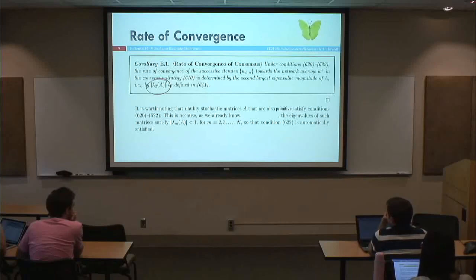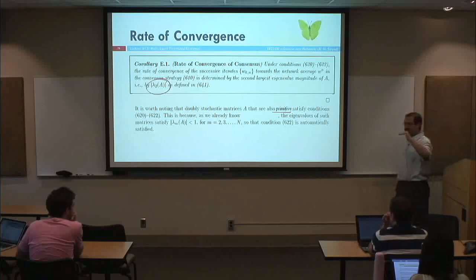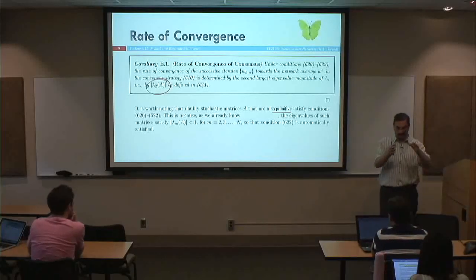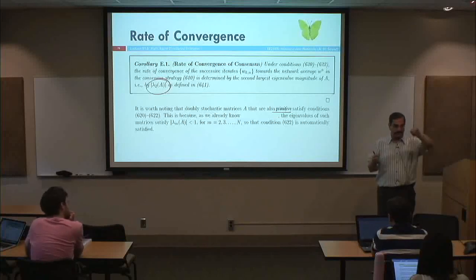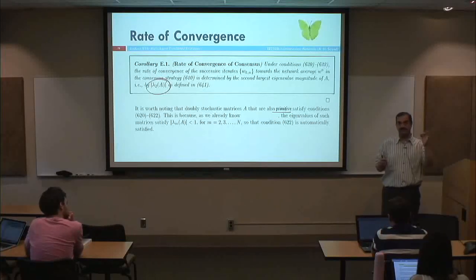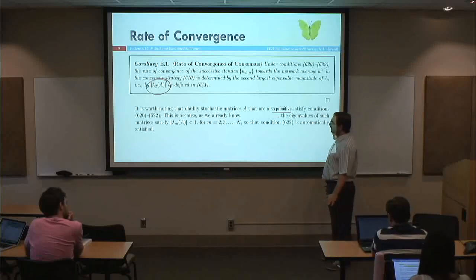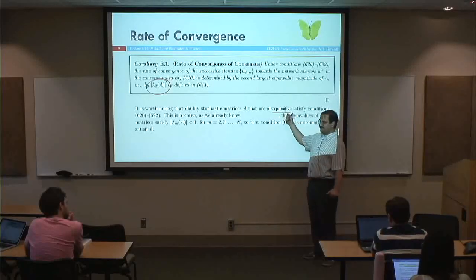If your network happens to be primitive, strongly connected, meaning you can find a path between any two links and there is at least one self-loop, at least one a_kk that's positive, okay? Then we know that A will be primitive.